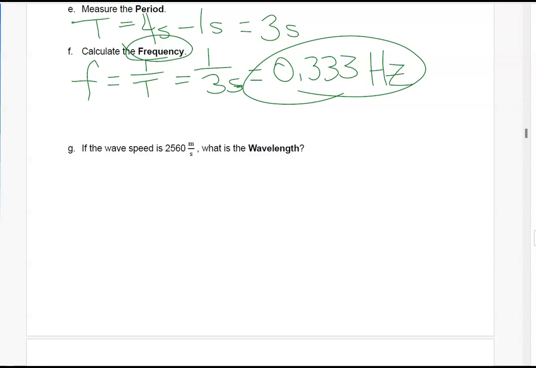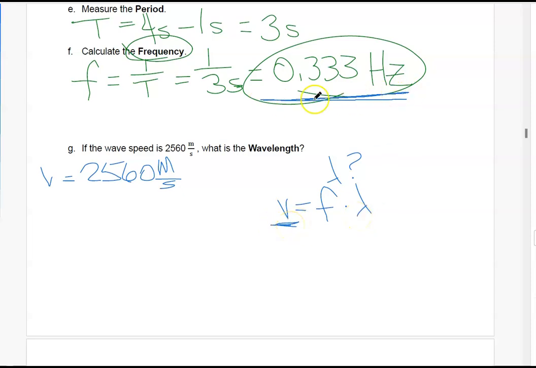And the last part of this question says, if the wave speed is 2,560 meters per second, what is the wavelength? Okay, well, we have information. We have the speed is 2,560 meters per second. And we're asked for the wavelength. Well, we have a formula where we have speed equals frequency times wavelength. We're given the speed, but we just calculated the frequency.